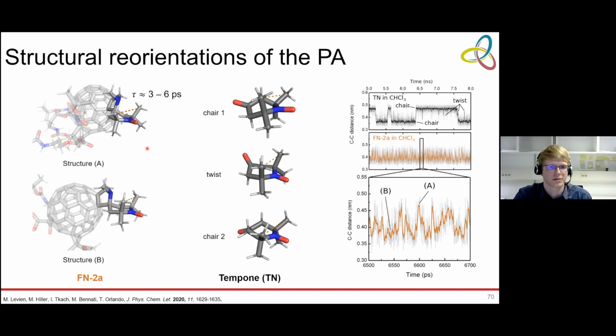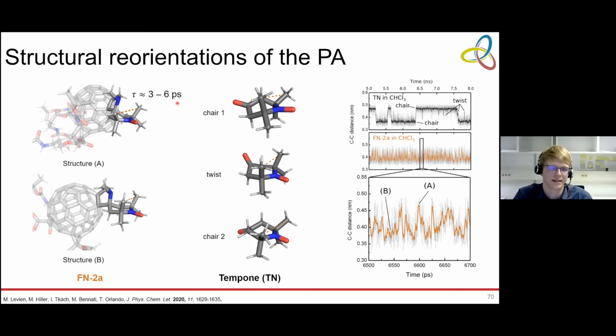So they go a bit together and then they go away from one another. You can see this in the CC distance changing from A to B. And actually this opening and closing is modulated on the time scale of 3 to 6 picoseconds.